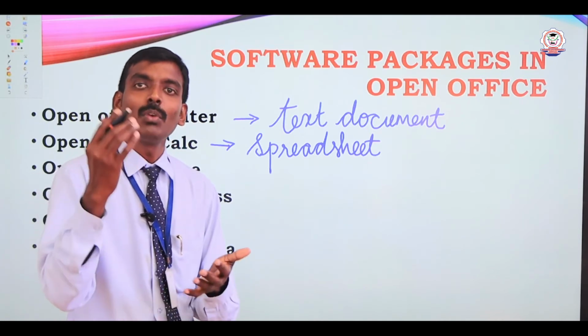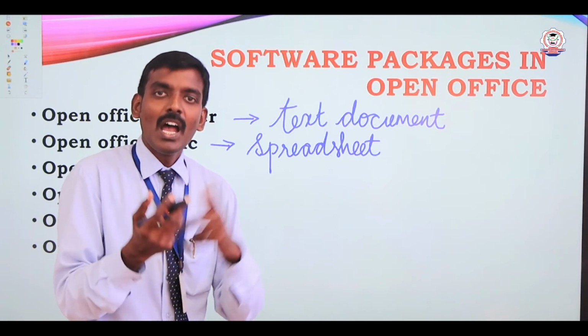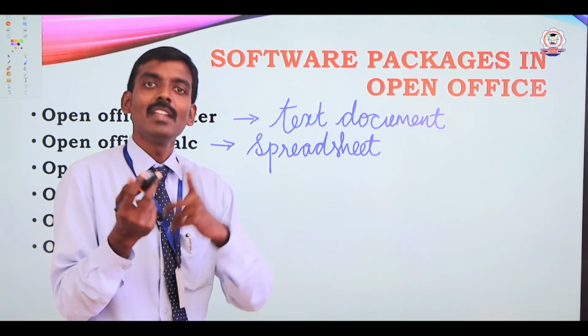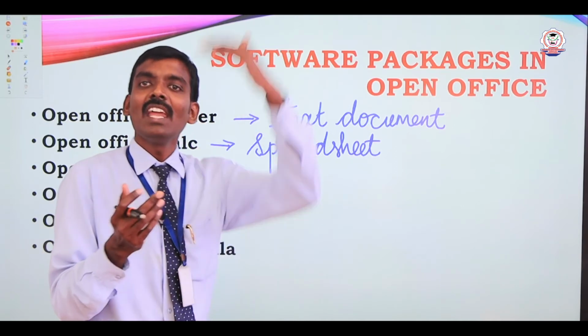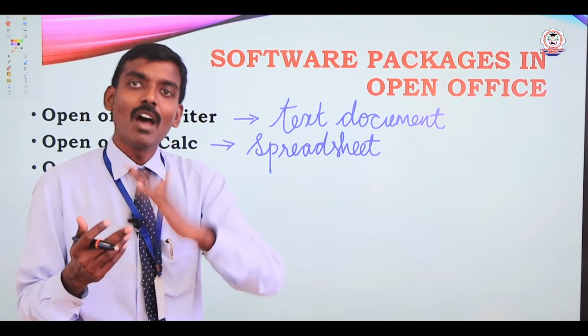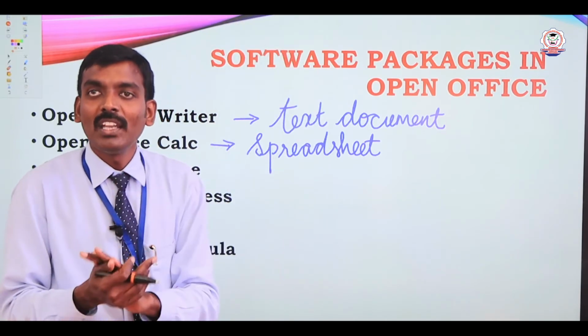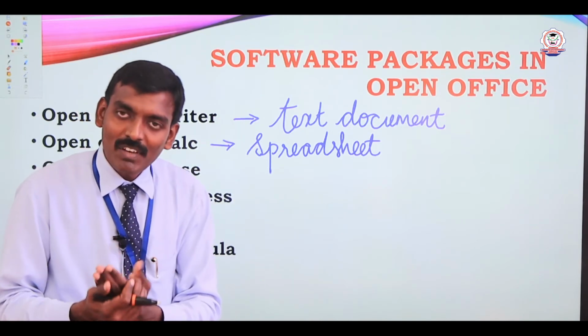Means we are entering the student mark details. We want to find the total mark and average of a particular student, and then put a rank for that student. We want to arrange the students mark-wise, either highest to lowest or lowest to highest, and find the average of a particular subject as well as the overall performance of a class.